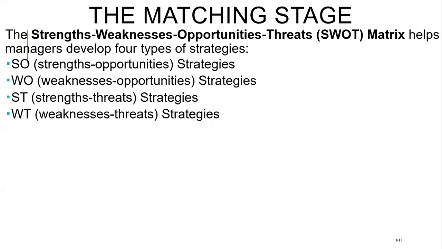We are saying an organization is pursuing a strengths matched with opportunities strategy. So what that simply means is that the organization is trying to rely on their strengths, which are found internally, to take advantage of opportunities that may exist in the external business environment.